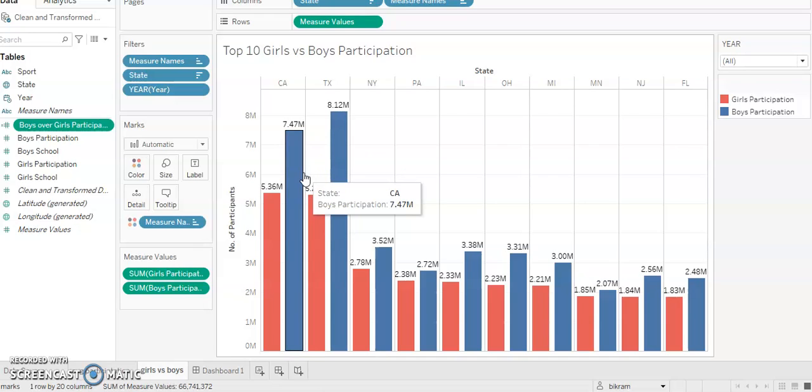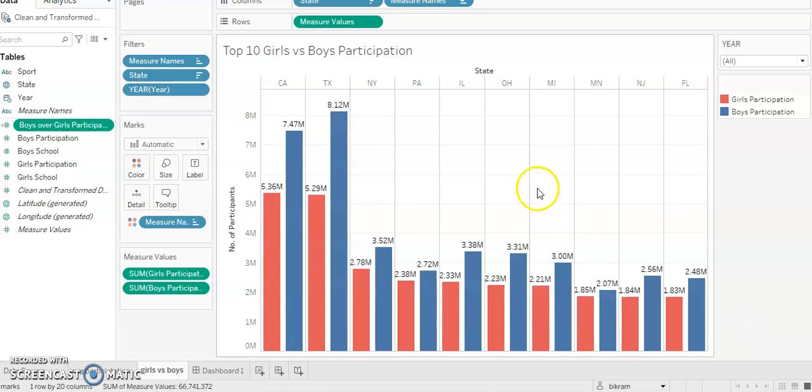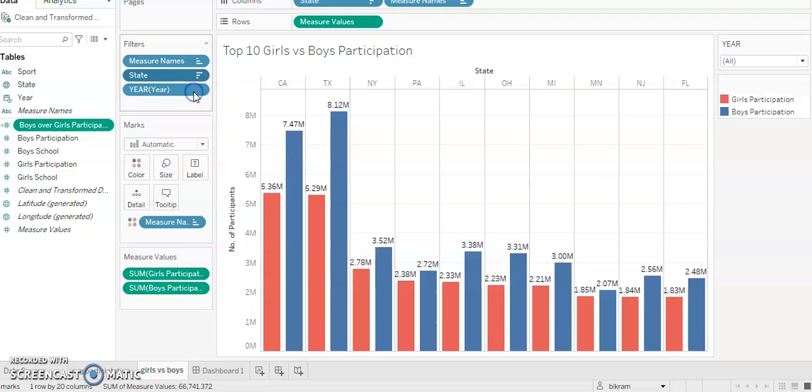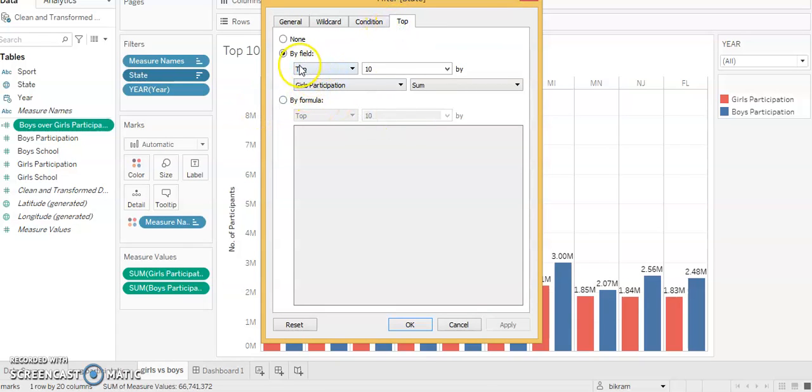I have used a filter of year here, where I can select any year and find out which state was the best performing in that year. I have only extracted the top 10, and I have put a filter condition on the basis of girls' participation.